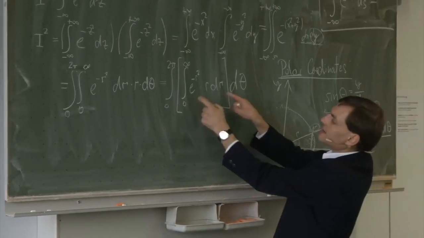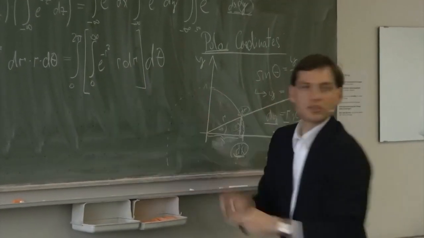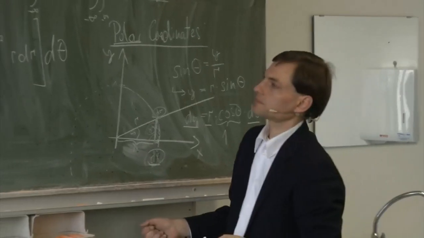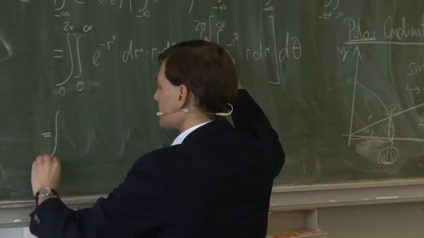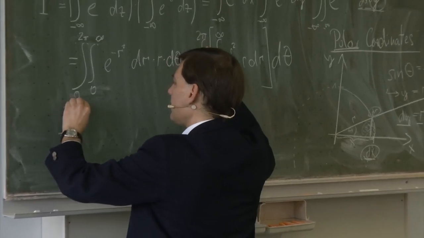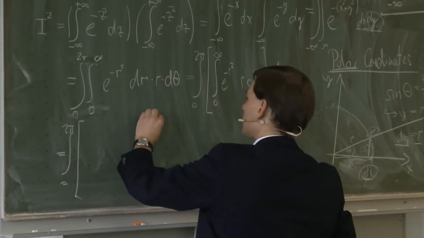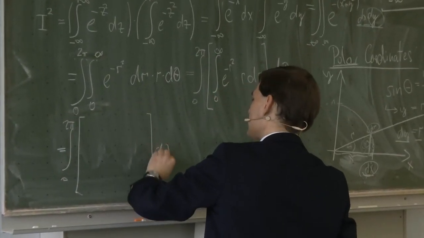First, we have to find the inside integral, and then we do the outside integral. Okay, so outside, we just write it, but we have to care first about the inside.